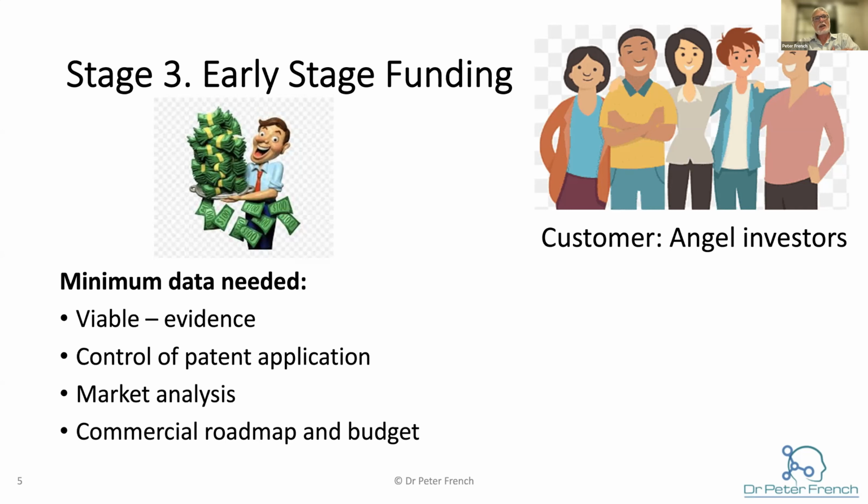Now, the 10x Founders program can help you with that commercial roadmap. And the idea is that we can provide you with the assistance you need to be able to provide a convincing case for investment.